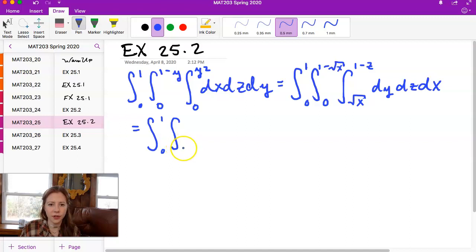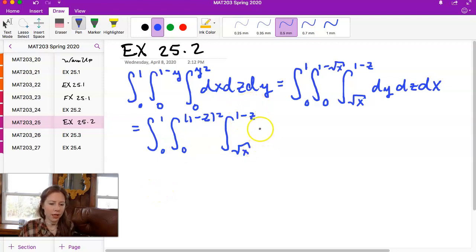So this is going to go from 0 to 1 minus z squared. And then lastly, let's look at dy. And this is still going to be from the square root of x to 1 minus z. And this was dy, dx, dz.